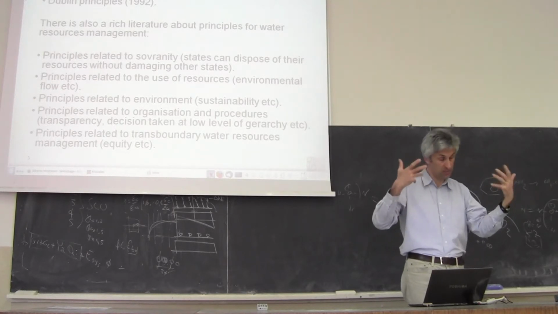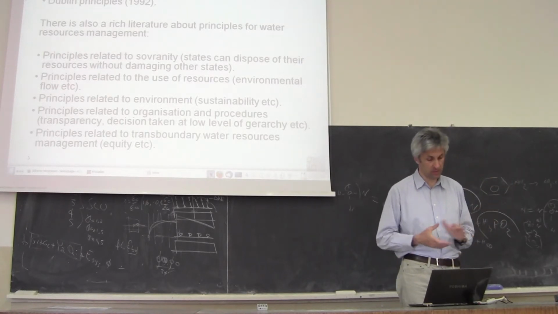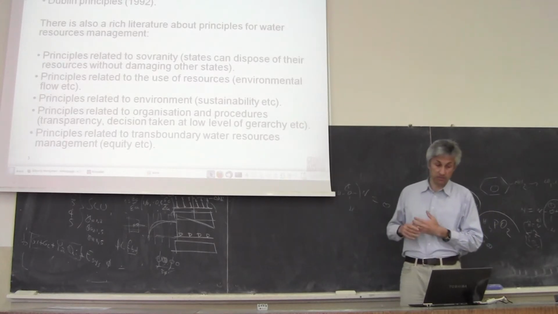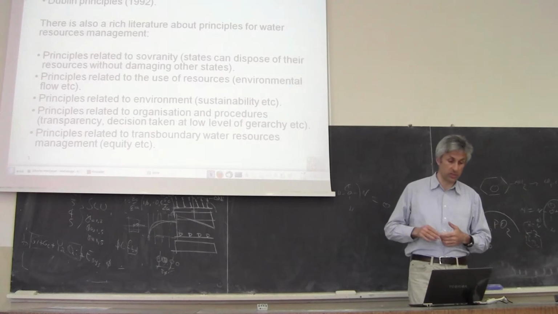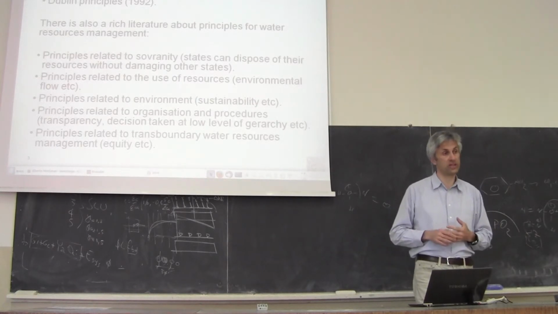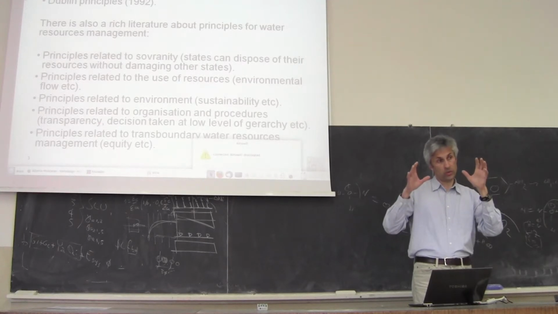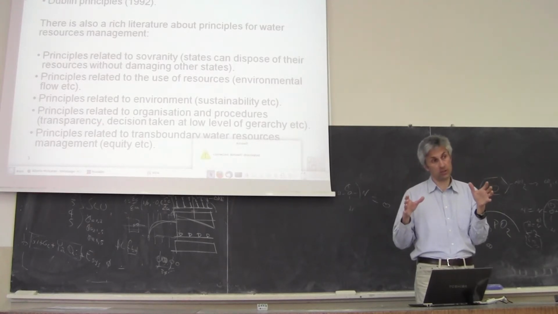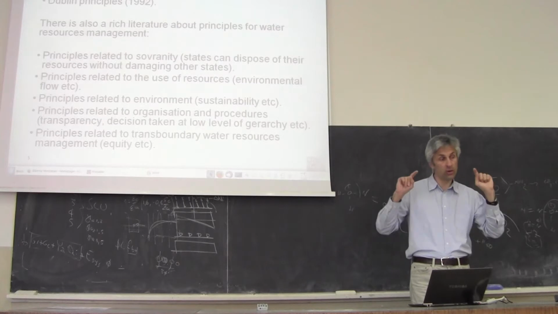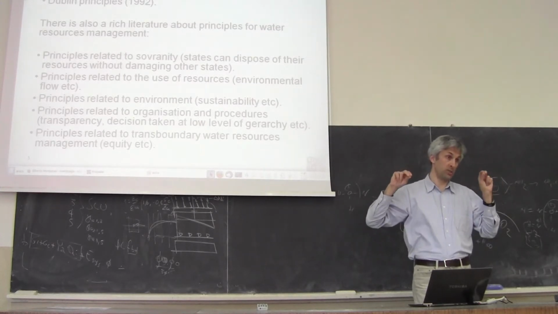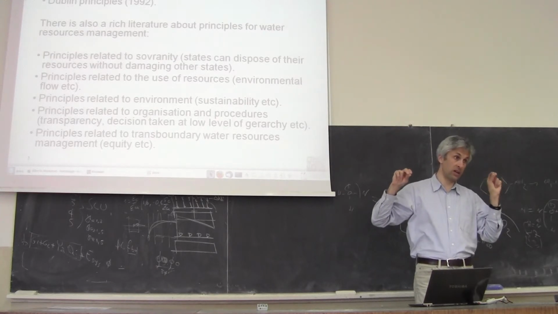It's difficult to get a picture of these problems. Let me move to the second principle listed here, principles related to the use of resources, environmental flow, etc. There are principles which state that humans don't have the right to use all the resources, but that the use should be done in a sustainable way.